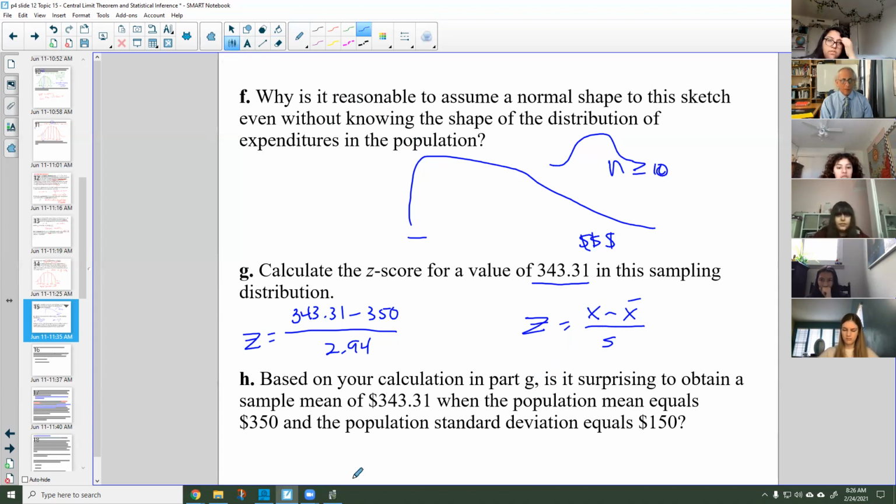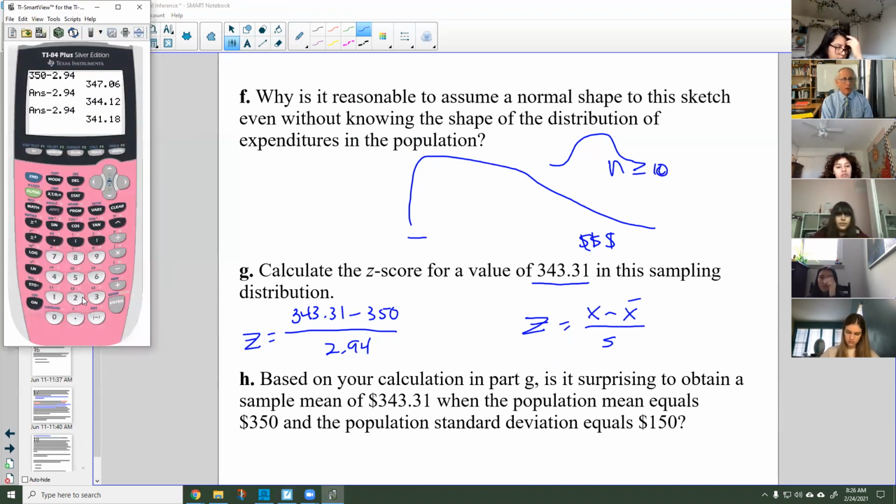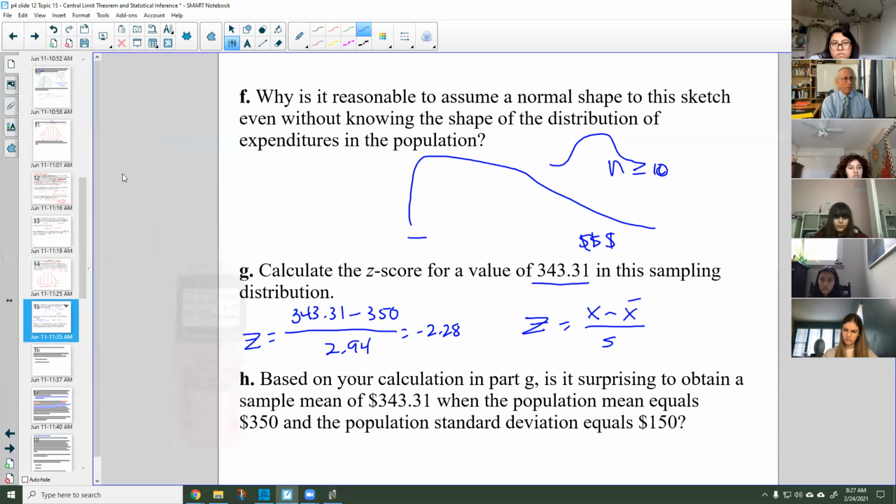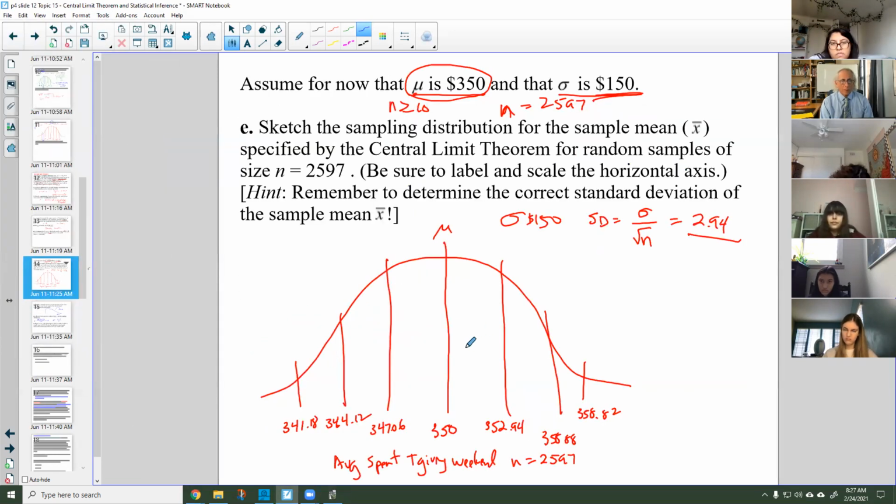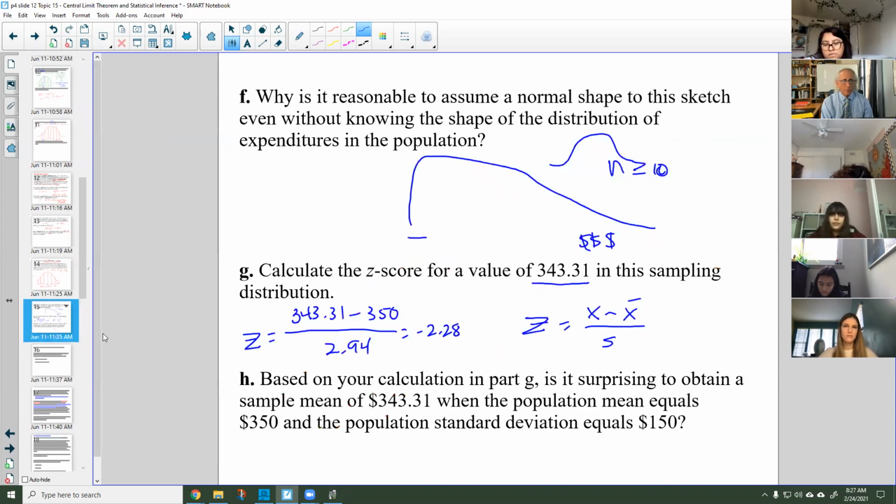Okay, so let's do that calculation, and we find out a z-score. I have 343.31 minus my assumed mean of 350, divided by 2.94. I get a z-score of, let's call it, negative 2.28. Let's put that on my diagram and see how that looks. What was it? 343.31.